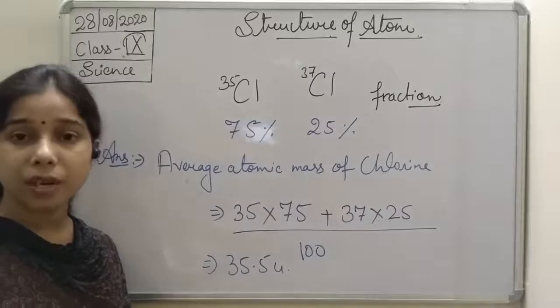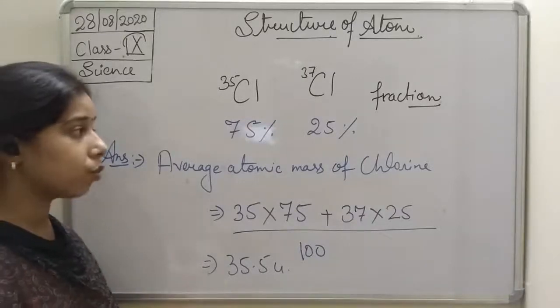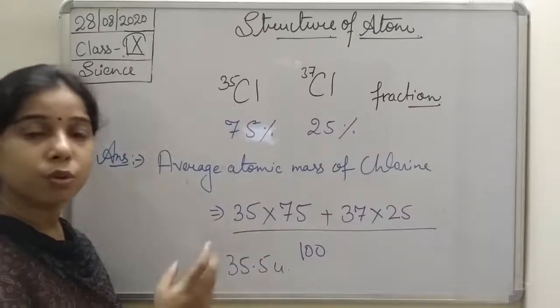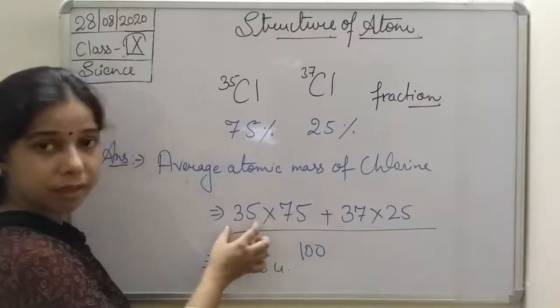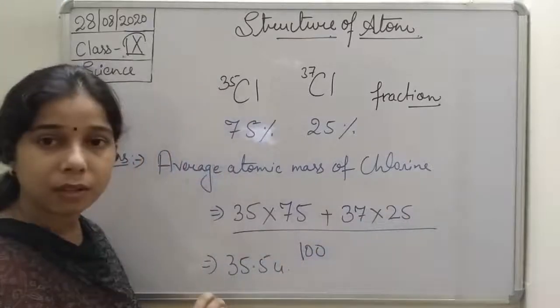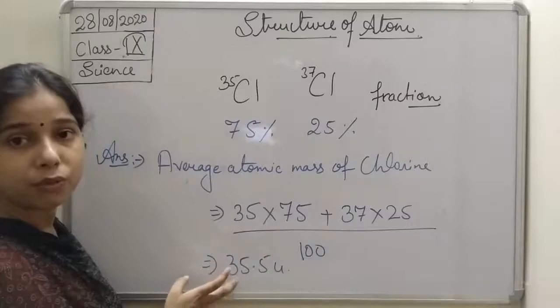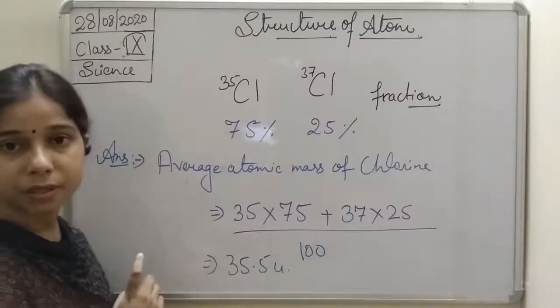So whenever a question is asked related to finding the average atomic mass from the percentages of isotopes, you will apply this formula: percentage into the mass number, plus the percentage into the mass number of the second isotope, divided by 100. By the help of this, we are able to find the average atomic mass of that particular element. Okay.